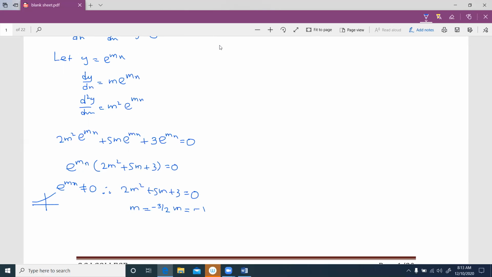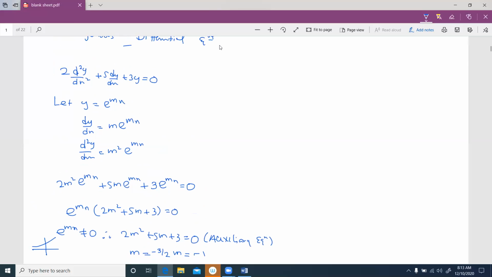This equation we call the auxiliary equation.